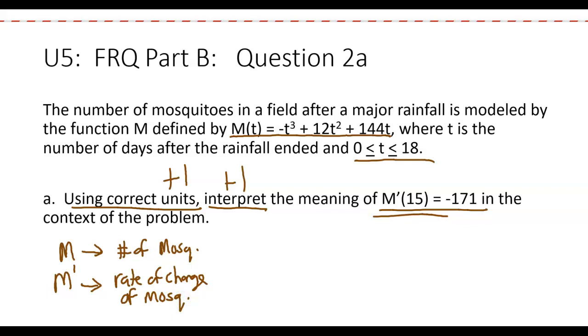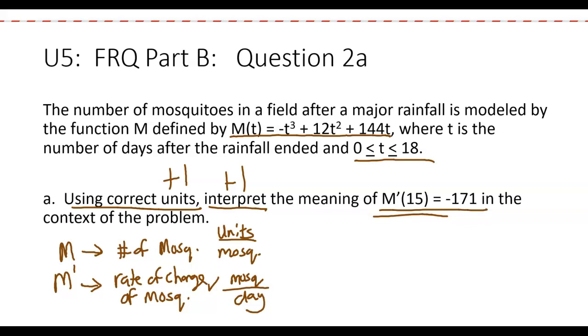So that's what that would tell me. This one's units up here would be in mosquitoes. This one here, the units would be mosquitoes per, what are we measuring in here? Days. So mosquitoes per day. All right, so if M is the number of mosquitoes, M prime is the number of mosquitoes per day.